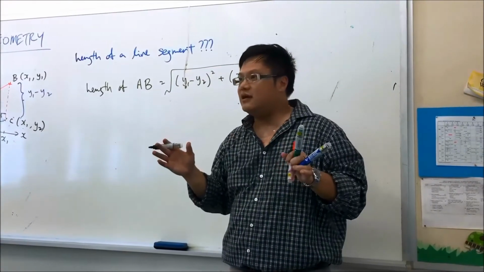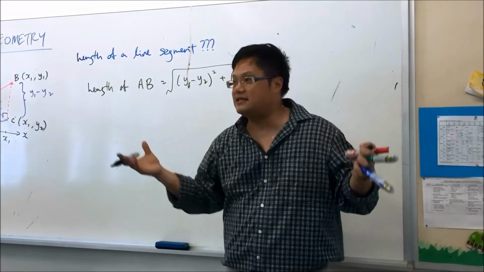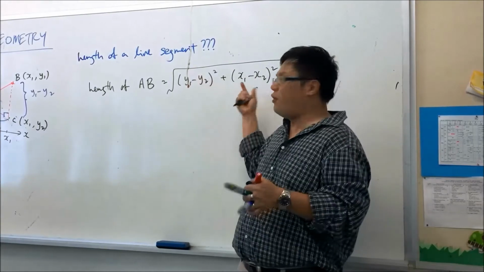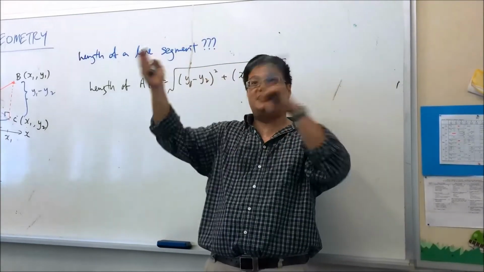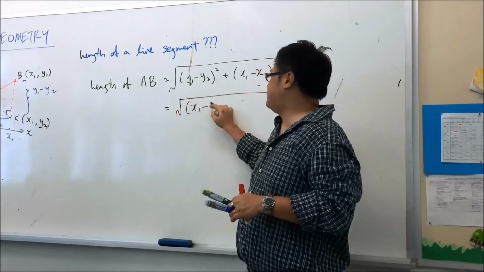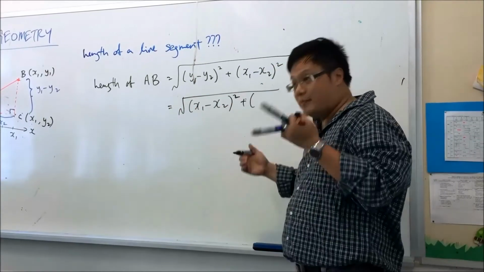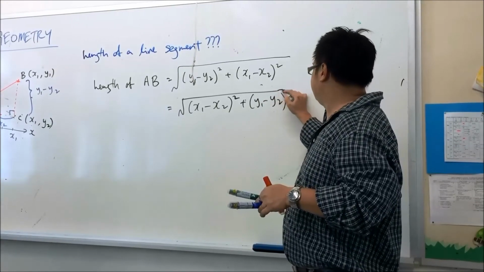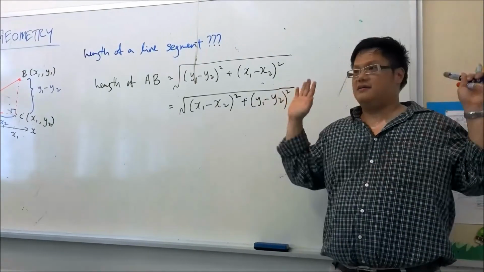So this is just finding the length of a line segment using Pythagoras Theorem. But for remembering sake, we always remember, like alphabets, x, y, z. So in this case, we remember it as x1 minus x2 bracket square plus y1 minus y2 bracket square. They are the same.